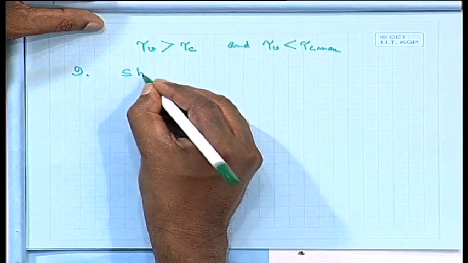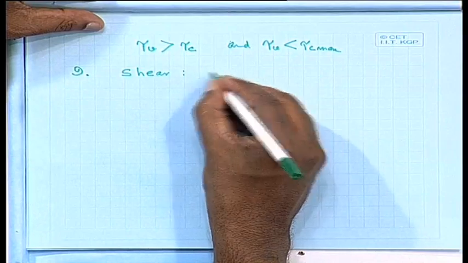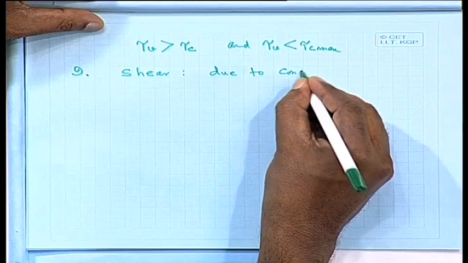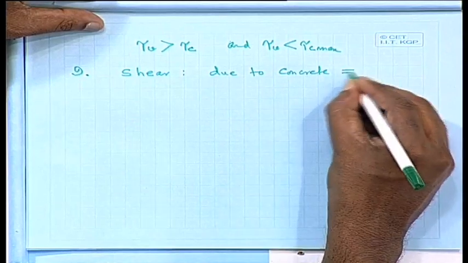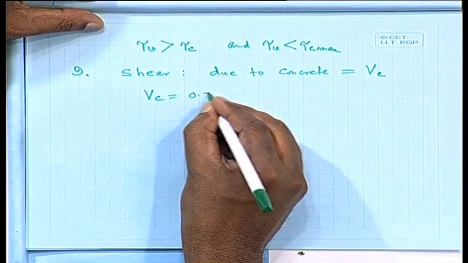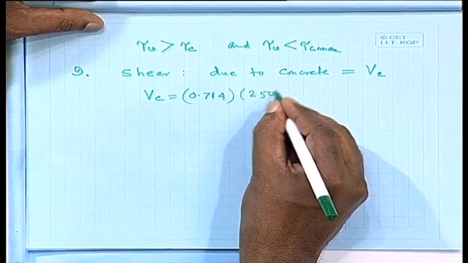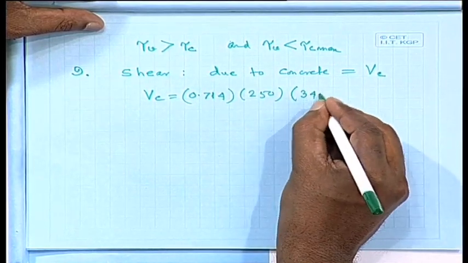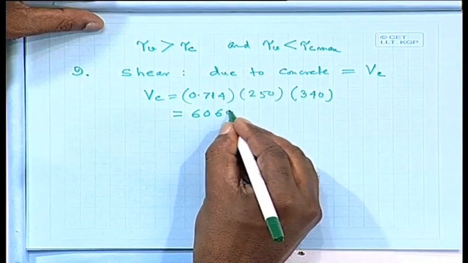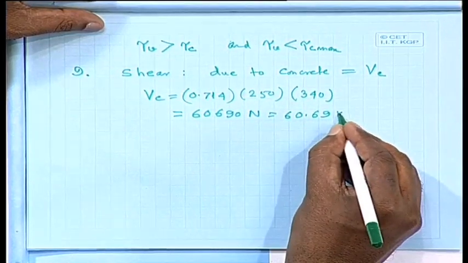So, shear due to concrete, let us say VC. VC equals 0.714 times 250 times 340, which comes as 60.69 kilonewton.